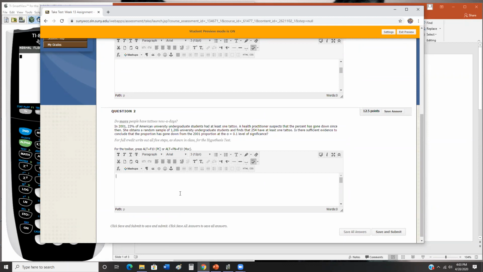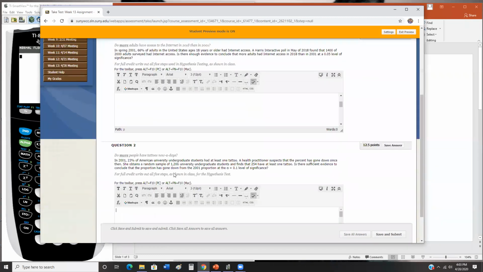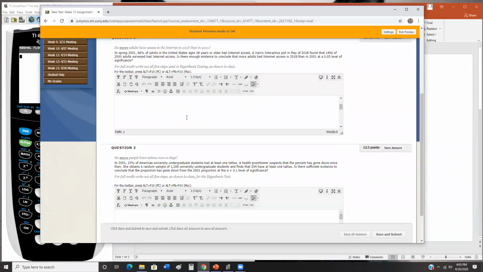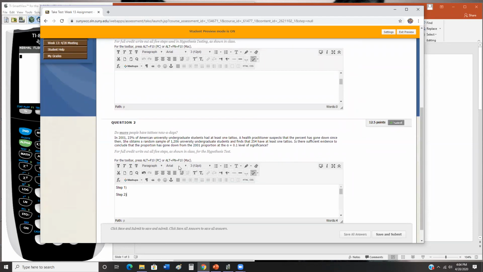So I'm a little behind on the grading from last week, but I'll get those probably out to you tomorrow. But what you'll have to do is type in like here, step 1, what you do, step 2, what you do, and so on, for your assignment. And then when you're done, just save and submit, and I'll get back to you on this.